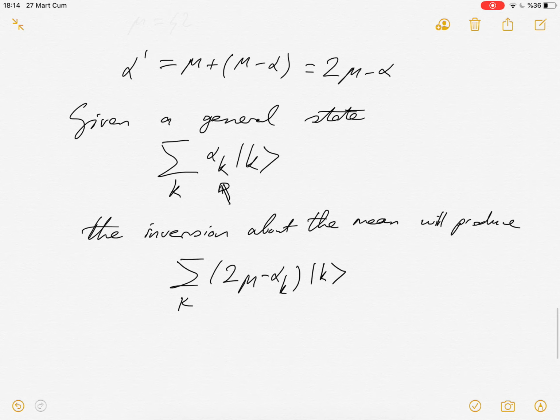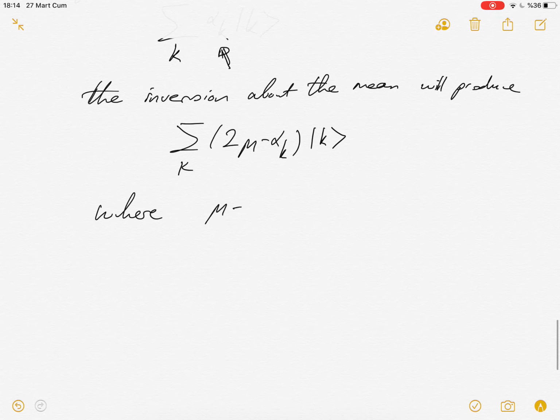Of course, mu here is the average of all amplitudes, where mu is equal to 1 over n times the summation of all alpha k's.